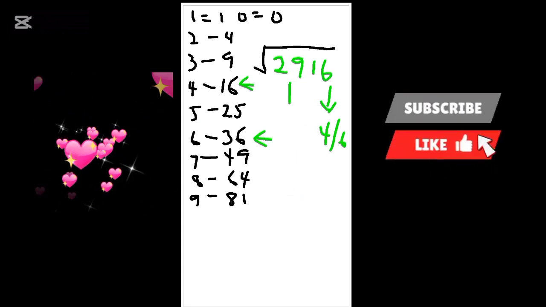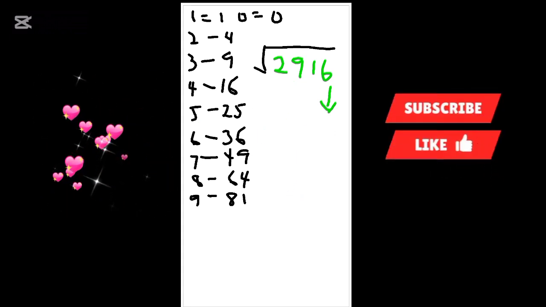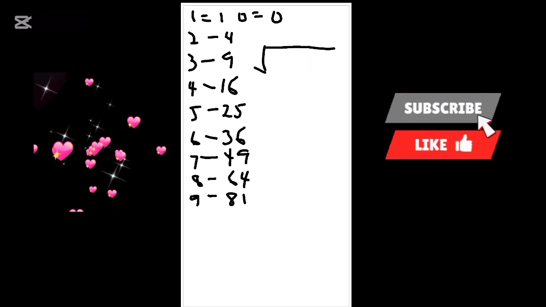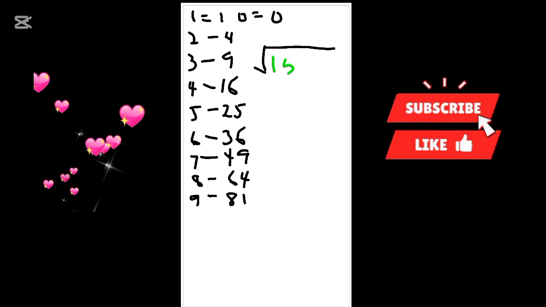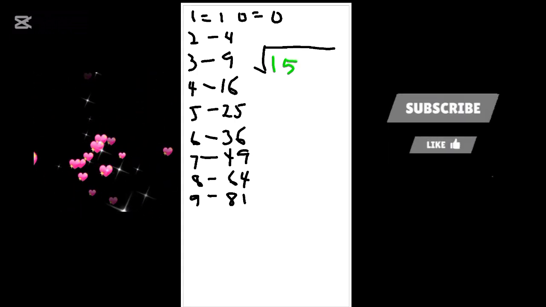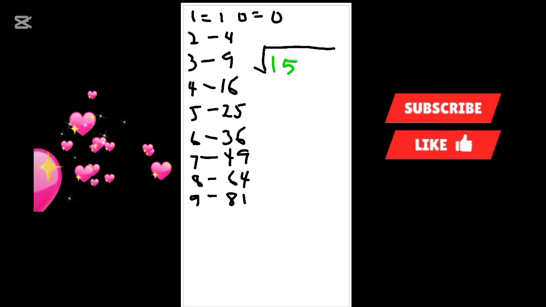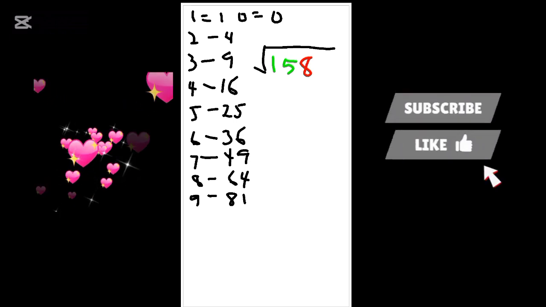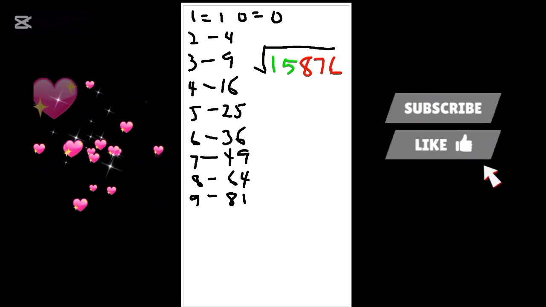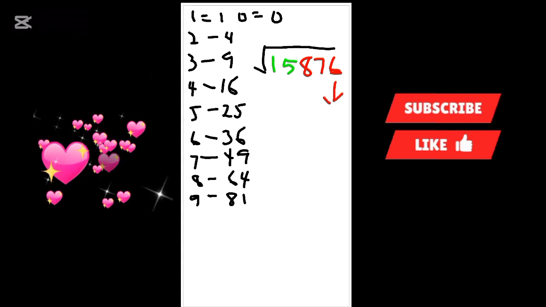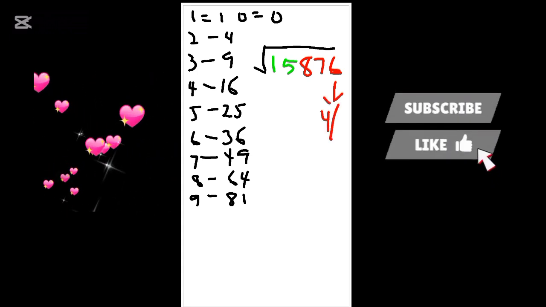Now let's move a step harder. We'll be looking at a 5-digit perfect square, which is 15876. Let me change my marker. In this case, it's ending with 6, and we have 4 or 6.